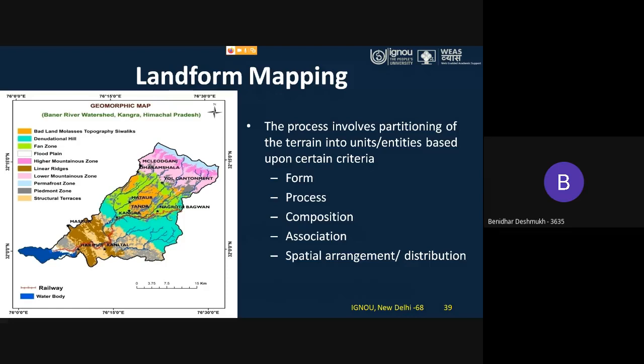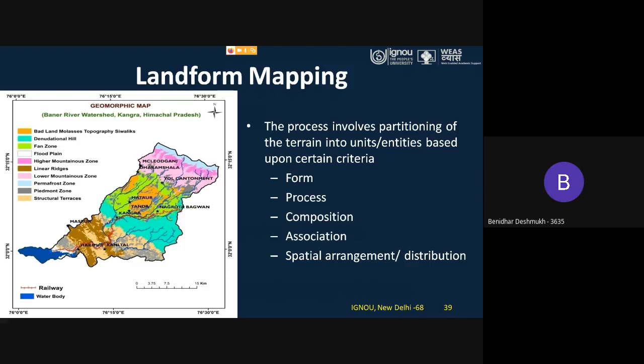This is a map by Dr. Amitkumar, who prepared this map. Landform mapping is a process that involves partitioning of the terrain into different units based on certain criteria that involve form, process, composition, association, spatial arrangement, etc. So while we are mapping the landforms, these things are considered.